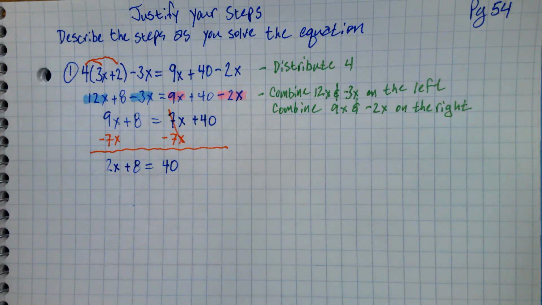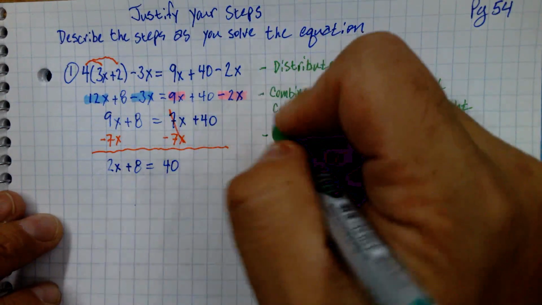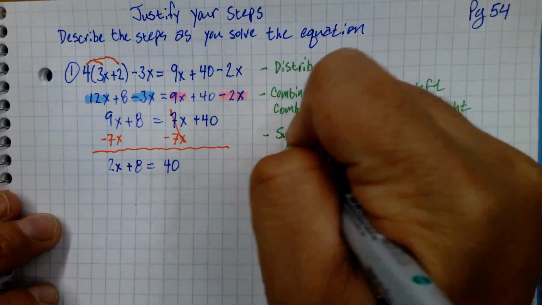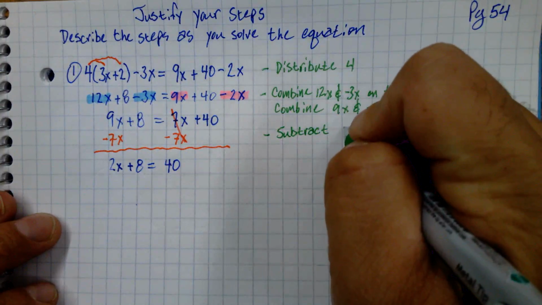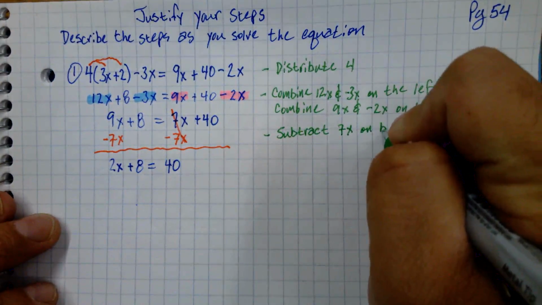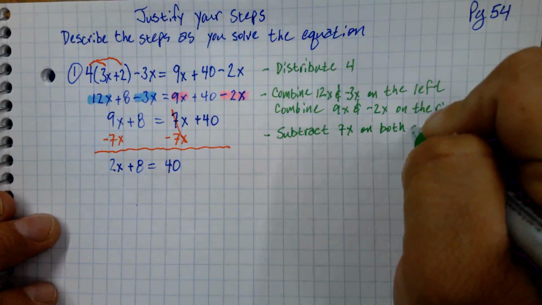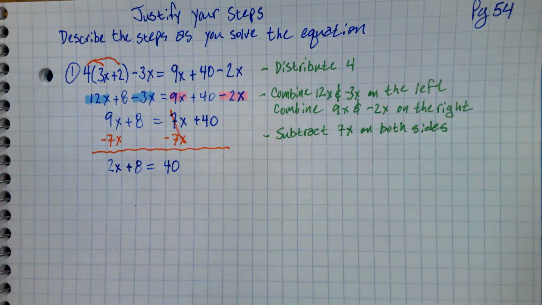So we better write that step down, right? We have to justify this. So all I did was subtract 7x on both sides. Okay.